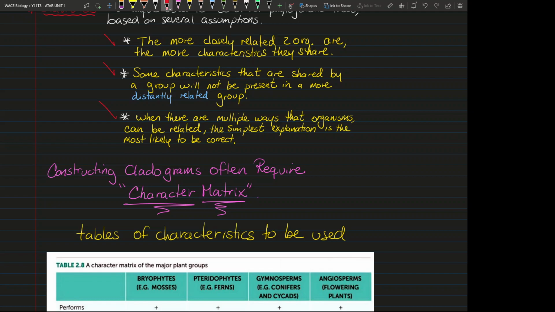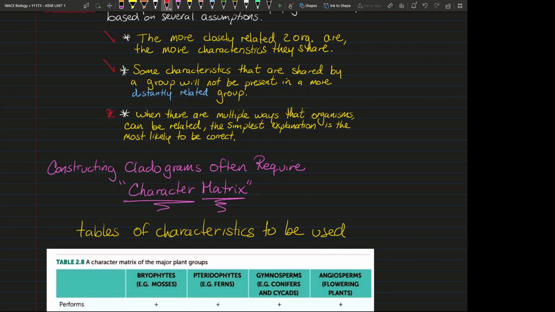So you could make a phylogenetic tree in several ways, but the simplest explanation can give you the most accurate phylogenetic tree, right? I'm going to get back to this because I need to show you in a diagram for you to really understand what I'm referring to. All right, so we'll get back to this one. Definitely, I'm going to come back to number 3 here.